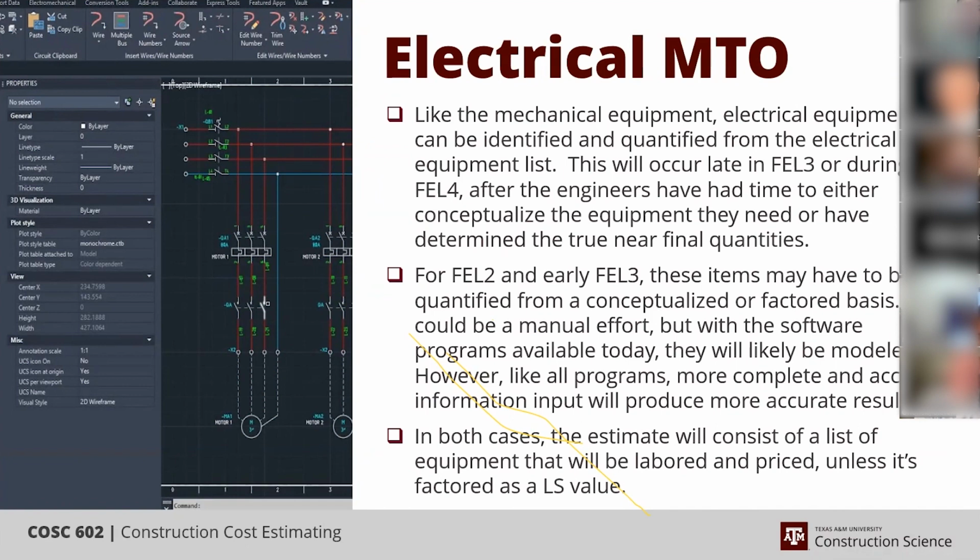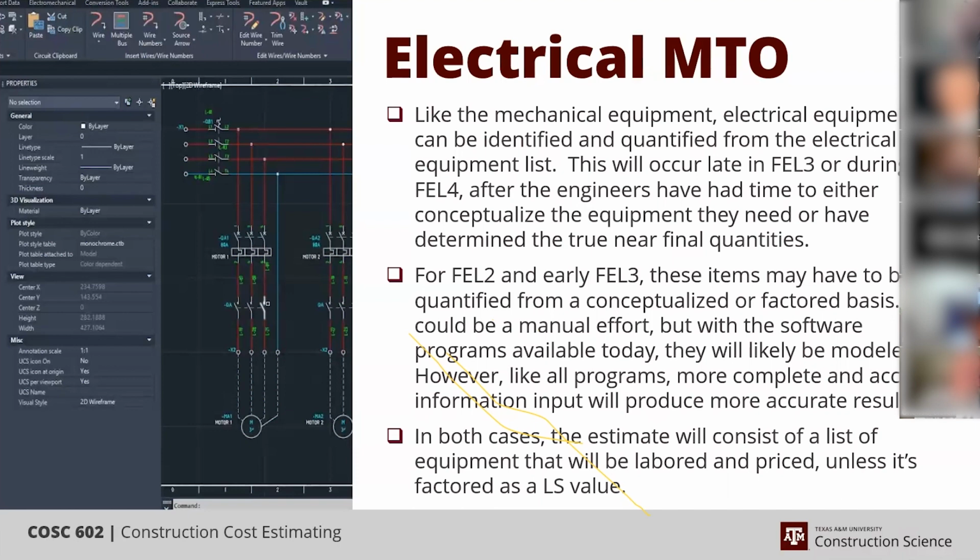So similar to the mechanical equipment, the electrical equipment is going to be identified off a list if we aren't forced to take it off of one lines of some kind, as I was saying earlier. In FEL 3 and 4, you might have the one lines to take off, and if you're with a small contractor, you're going to be forced to, because whenever I've been with the smaller contractors, the engineers never offered or provided us quantities.